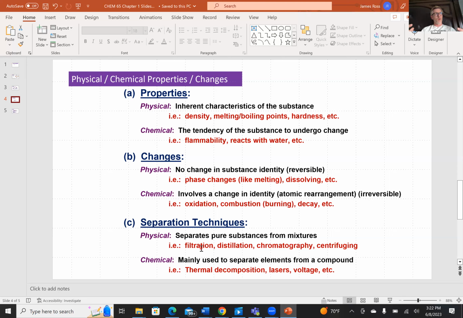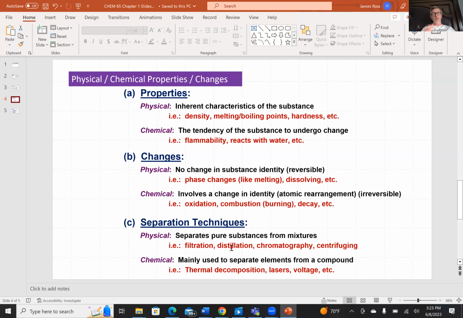If you were to filter your own coffee, you would add some filter paper, put the coffee grounds on the filter paper, and add the water. Only the water and the coffee goodness, all the coffee juices, can go through the filter paper, but the coffee grounds cannot. They've been prevented by this physical barrier, and we've filtered the coffee.